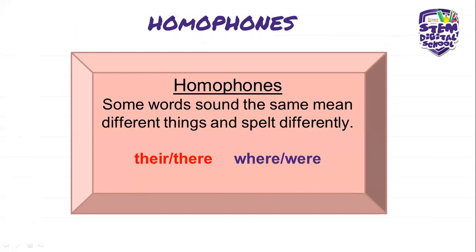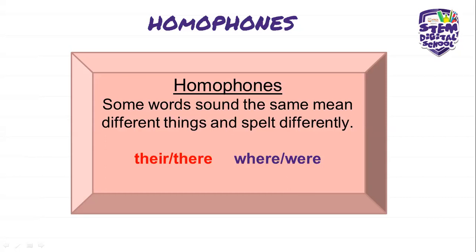Okay, let's do the homophones again. Homophones are words that sound the same, but have different meanings and are spelled differently. Like there and their, and where and wear.